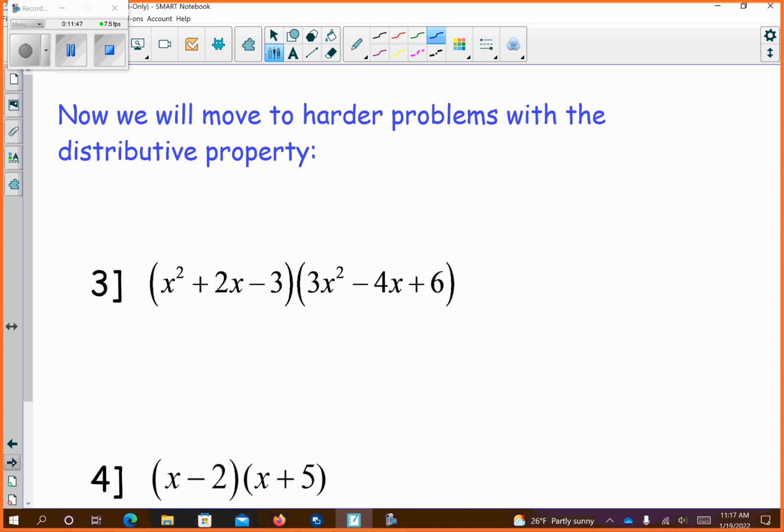All right, friends. First thought on number 3. So we're going to distribute 3 times. Okay, so this is not a wonderful opportunity.